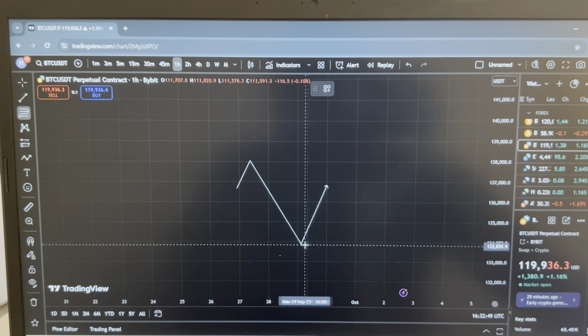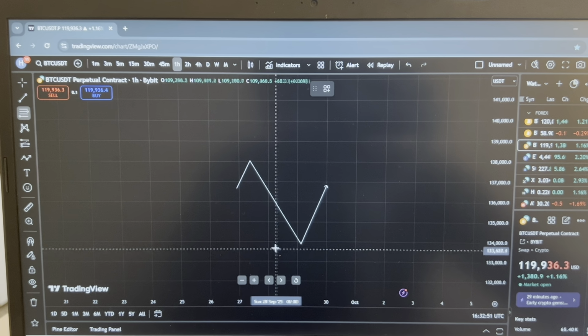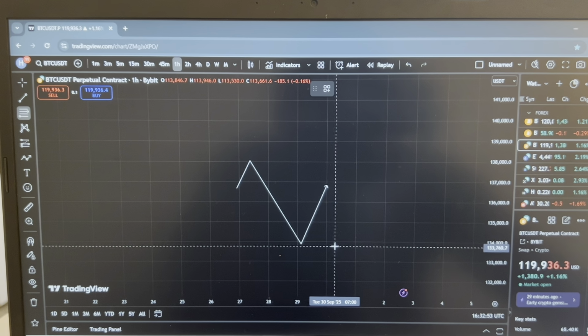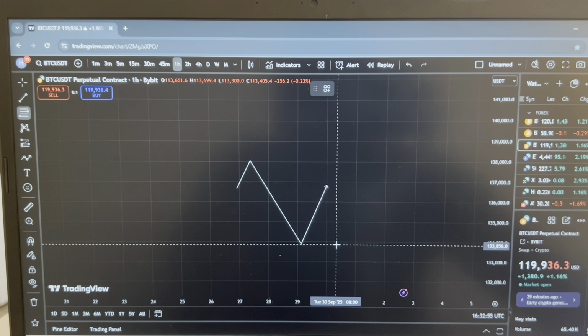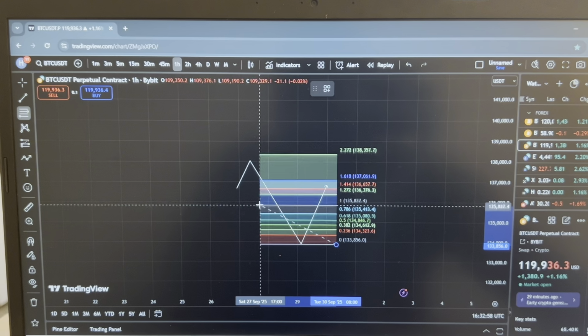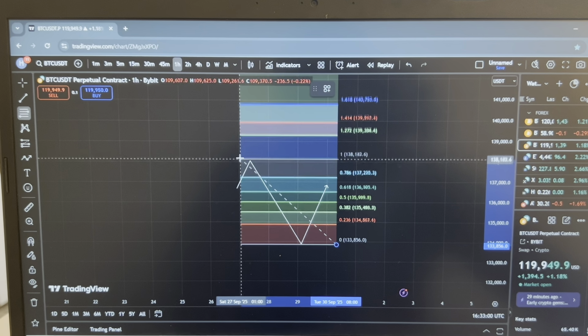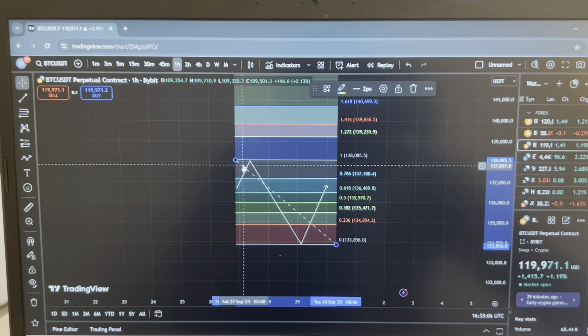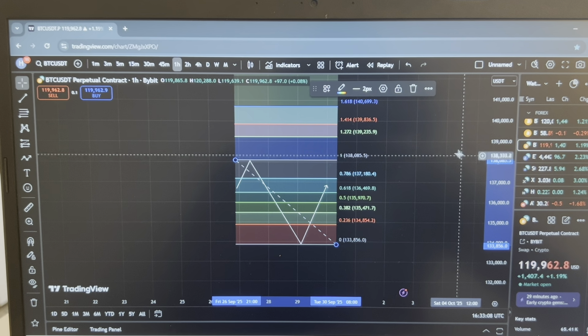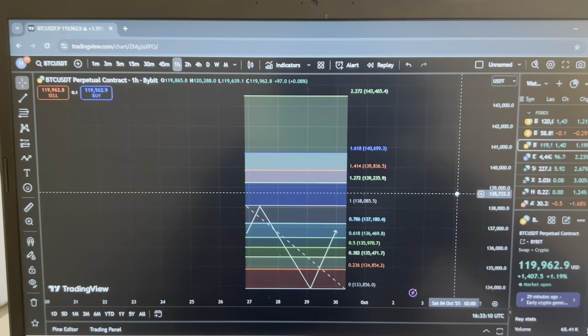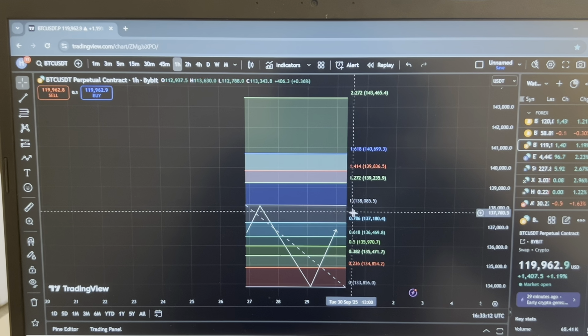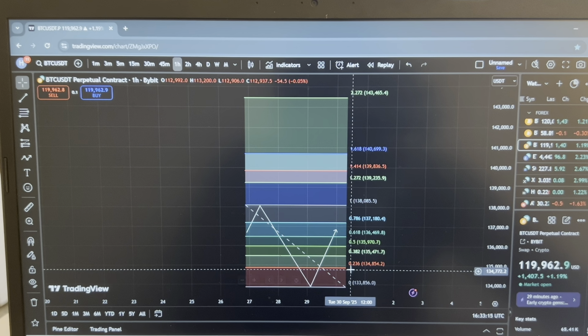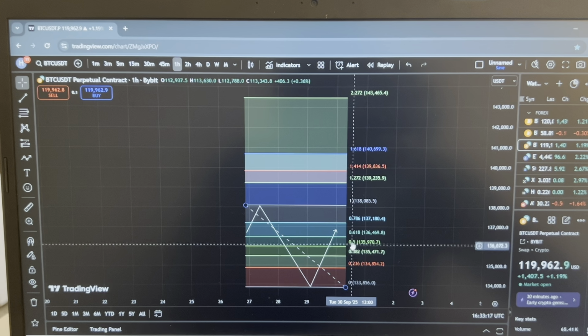Like I said earlier, if you are trying to find the uptrend scenario, you have to go to the zero level, the lowest point of the downtrend, and then drag the number one level to its nearest previous high, and that would be here. As you guys can see, there are these levels, 0.236 and all these levels.